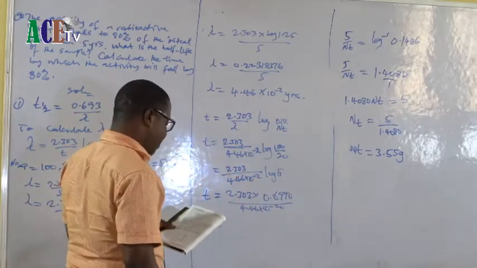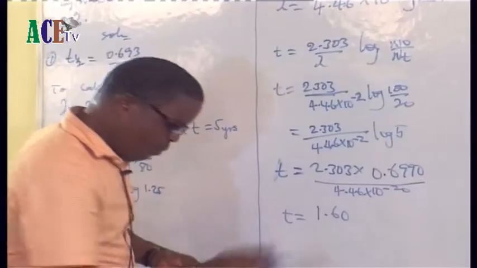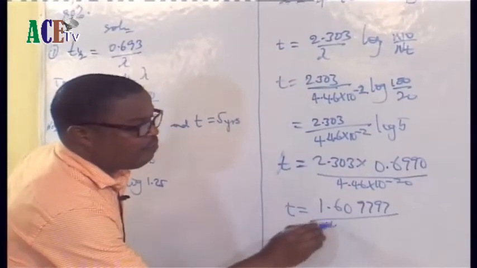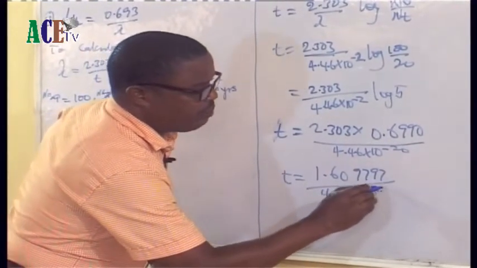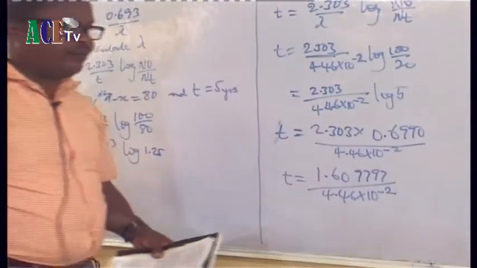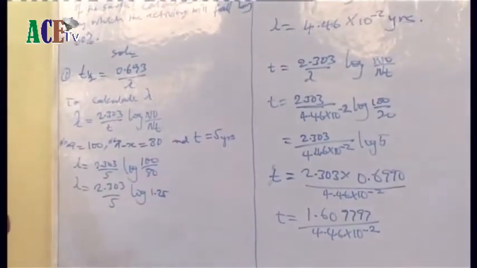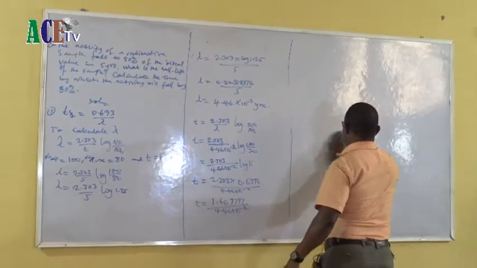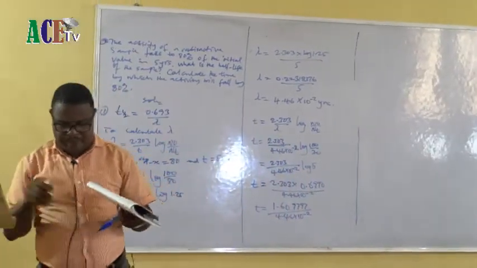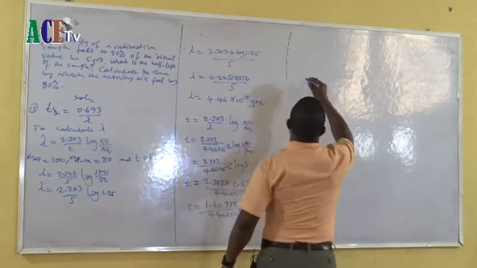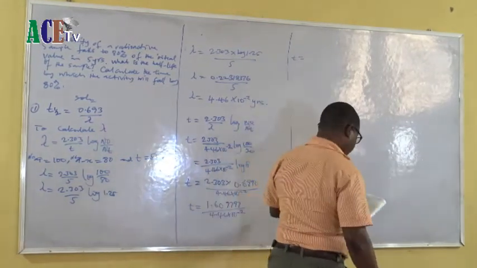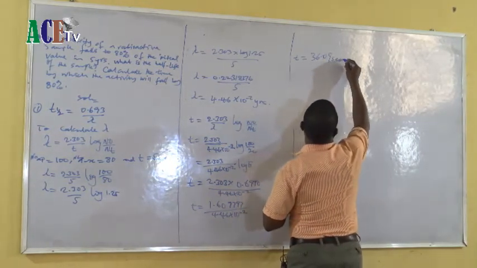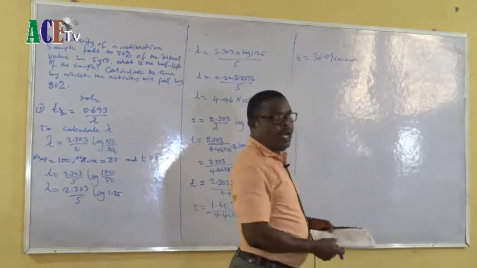So when you multiply that out, it's giving us 1.609797 divided by 4.46 times 10 raised to the power minus 2. So we now divide this, our T is equal to 36.09 seconds. So that will be our T there.